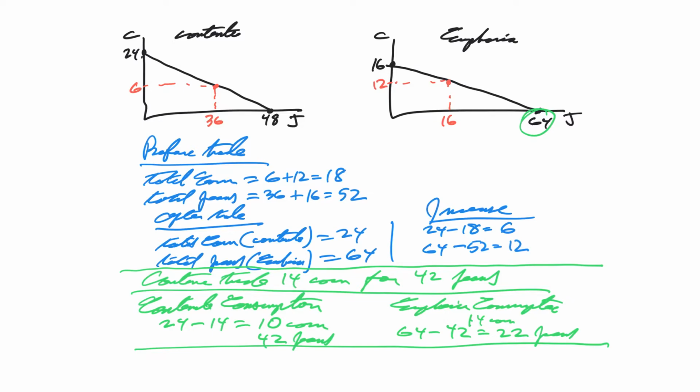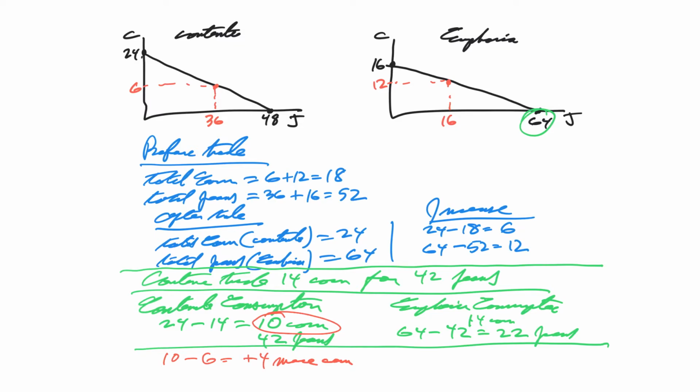They can consume only what they produce. So they were choosing to produce 6 corn and consume 6 corn. Now they're consuming 10 corn. They used to consume 6 corn. So they're consuming 4 more corn than they were before. Because of trade, specialization, and exchange, they're actually getting to consume 4 more corn.